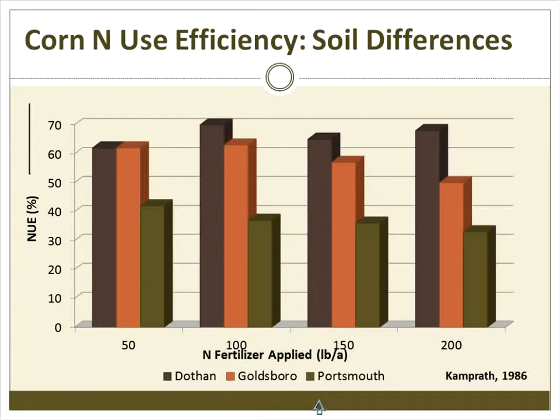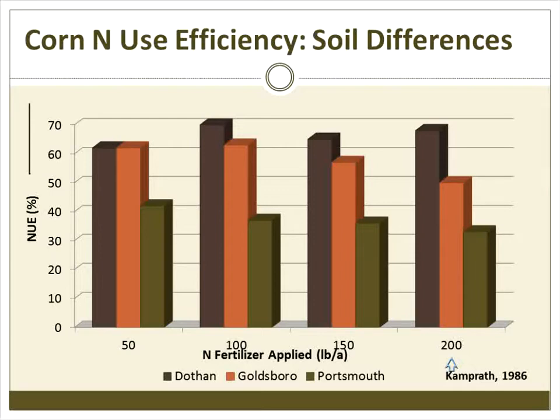There's one other thing about this particular experiment. They applied 50 pounds to some of their fields, 100 pounds to other fields, 150 pounds to additional fields, and last but not least, 200 pounds of nitrogen per acre. So we've got a yield response trial as well.